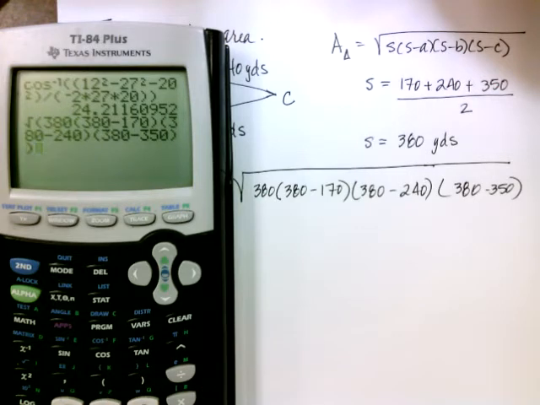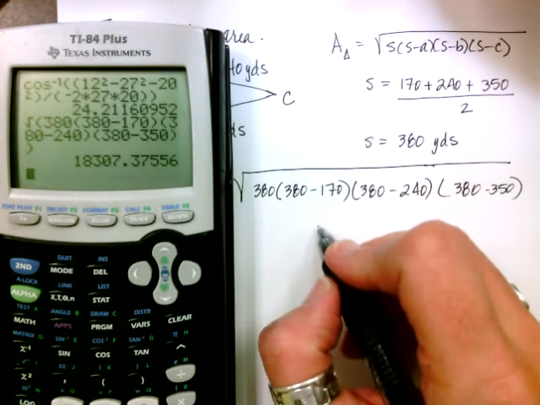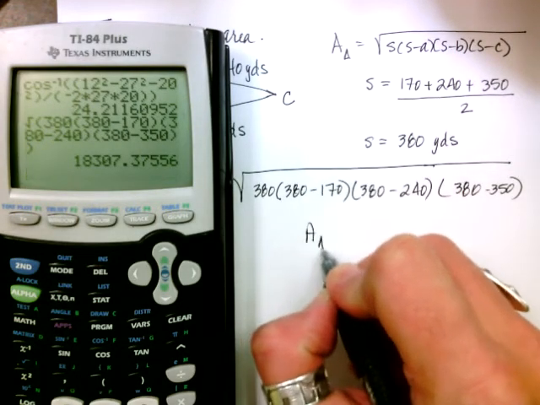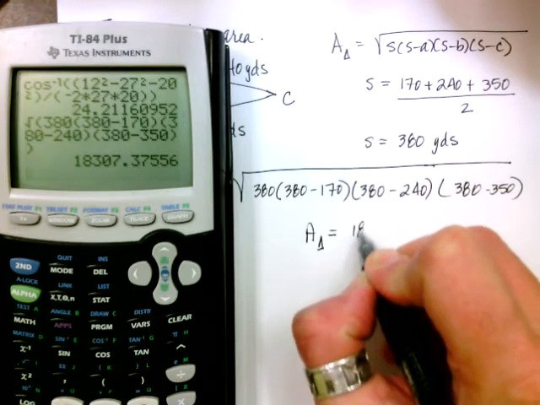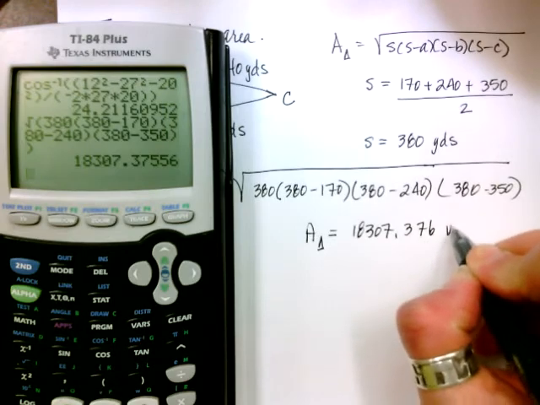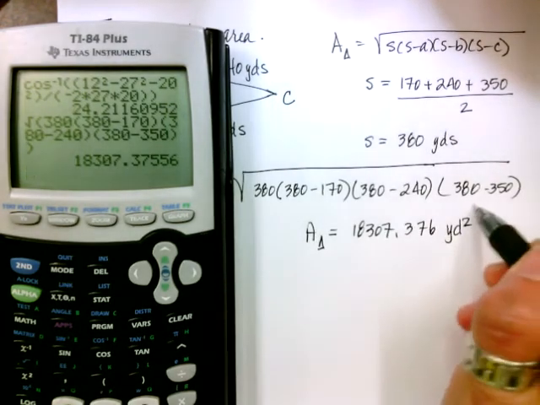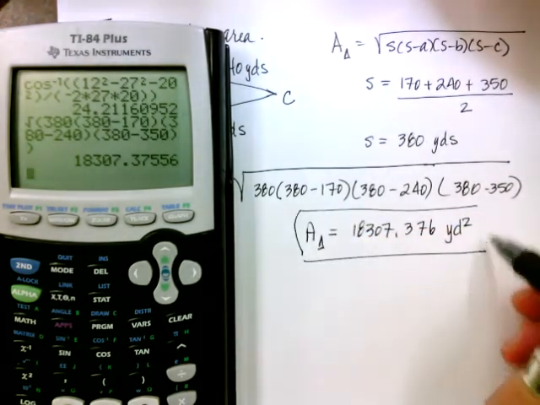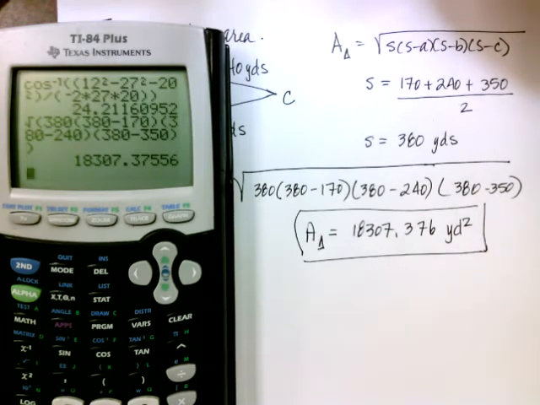Okay, so notice that I just entered what I had written down. I hit enter, and I get that my area of the triangle is 18307.376 yards squared. So both of our new area formulas are actually really easy to use.